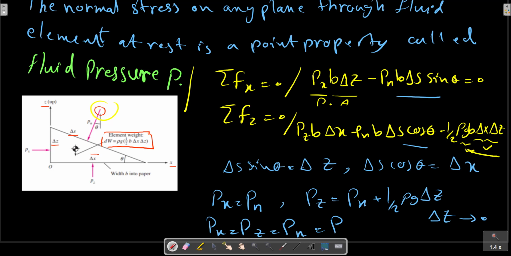Next, we have the pressure force on a fluid element.